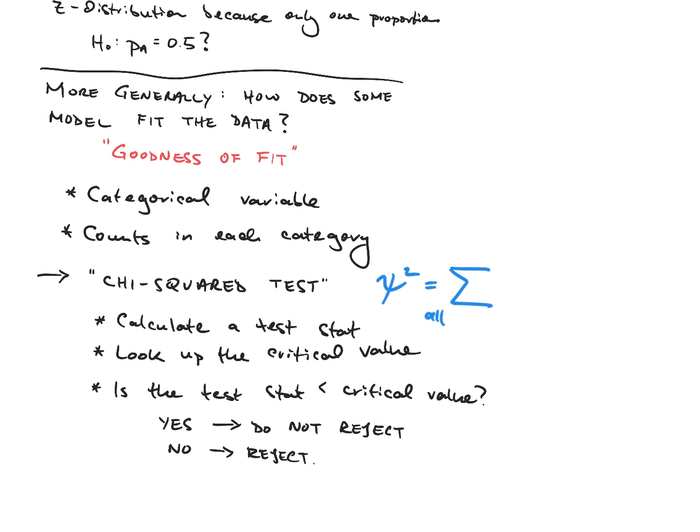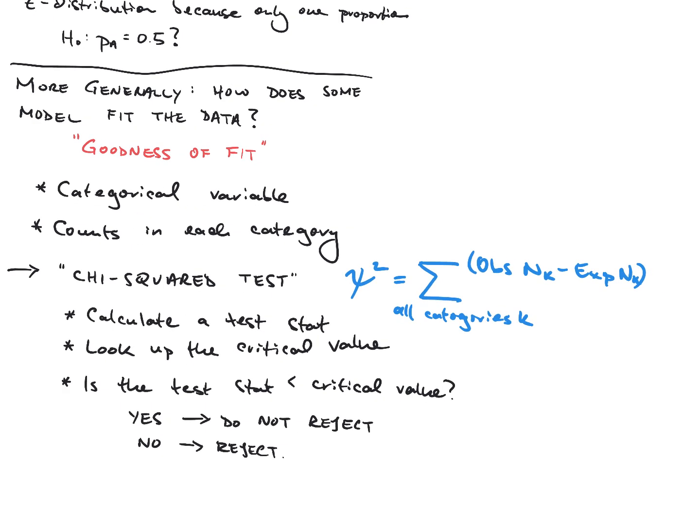Okay, so the chi-squared test statistic we get by adding up, over all categories K, the observed number in K minus the expected number in K, squared, over the expected number in group K. Whatever model we have gives us an expectation of how many we would expect to find in the category.